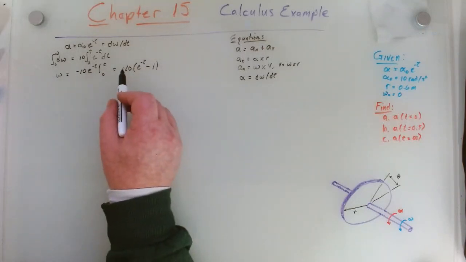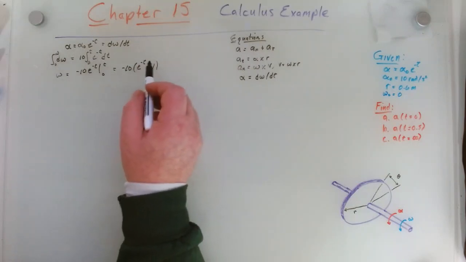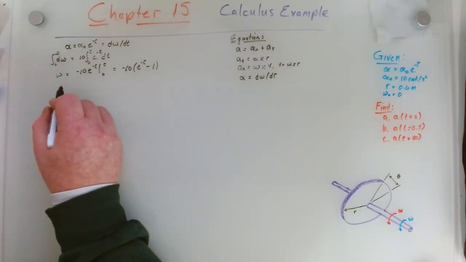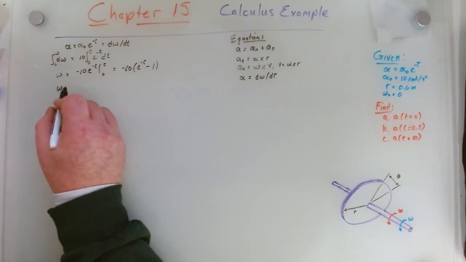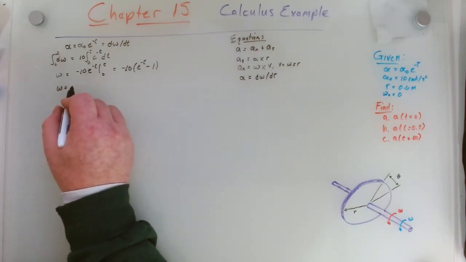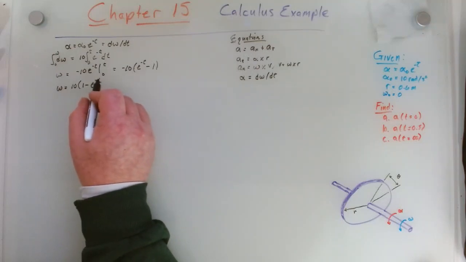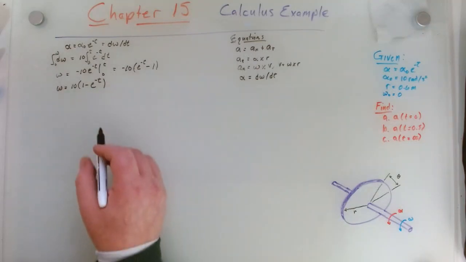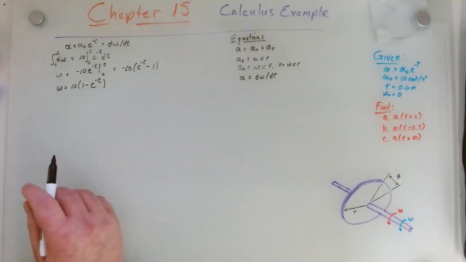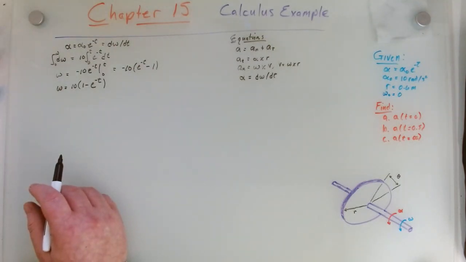And when I factor this in, it just reverses the order. So omega is equal to 10 times 1 minus e to the minus t. Okay, cool. We are now interested in omega r, right? Let's see, hold on.